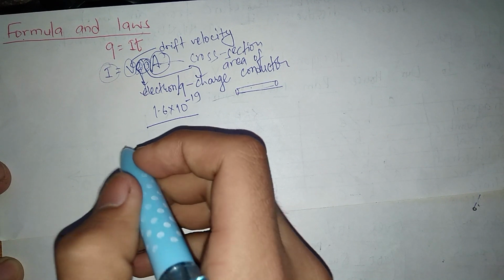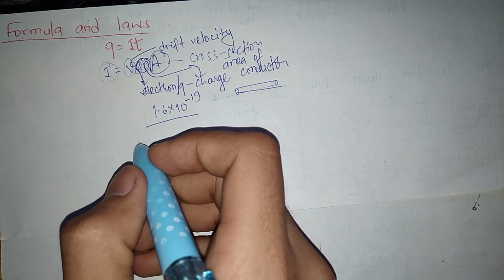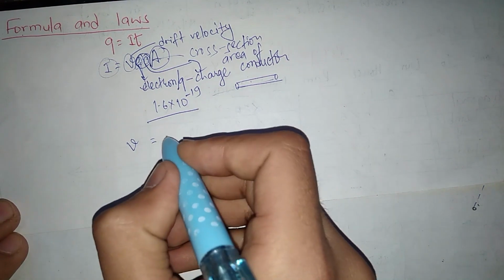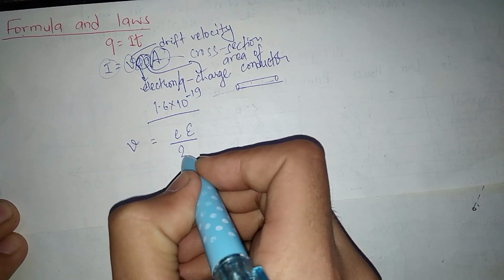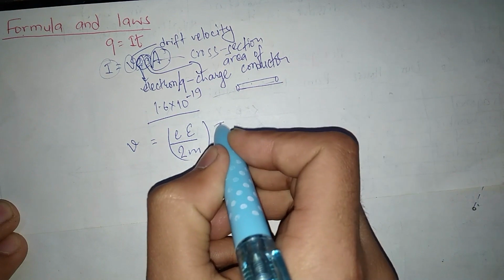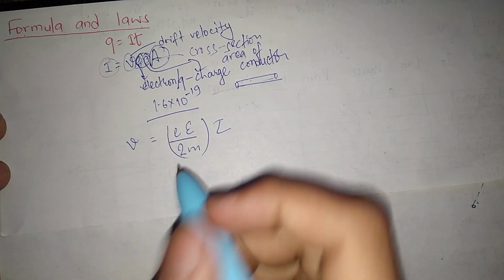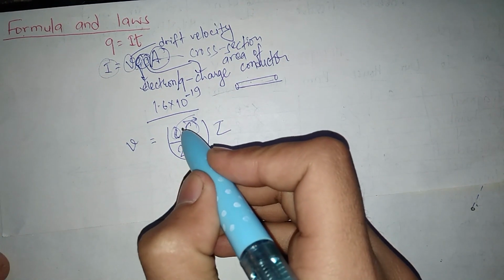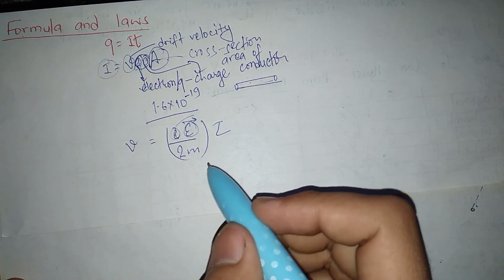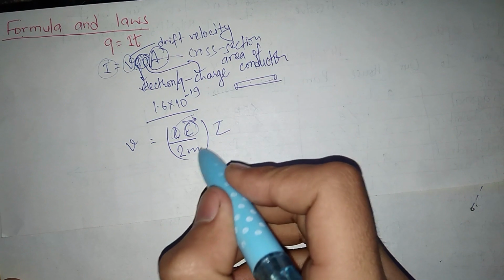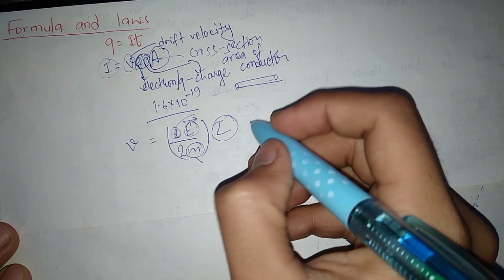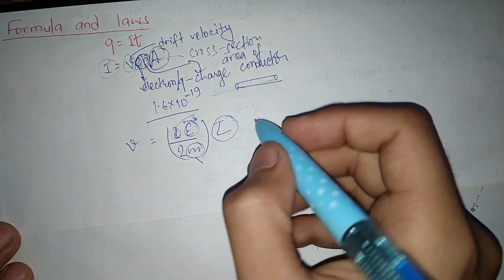Similarly, the third formula is of drift velocity, which is v is equal to e E by 2m into tau. Here e means charge of the electron, E means the electric field applied, and m means mass of the electron, and then tau means time of relaxation.